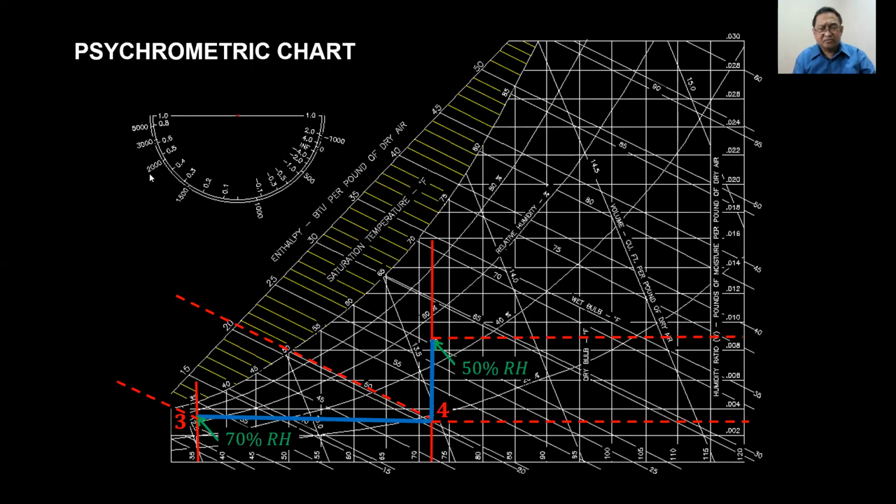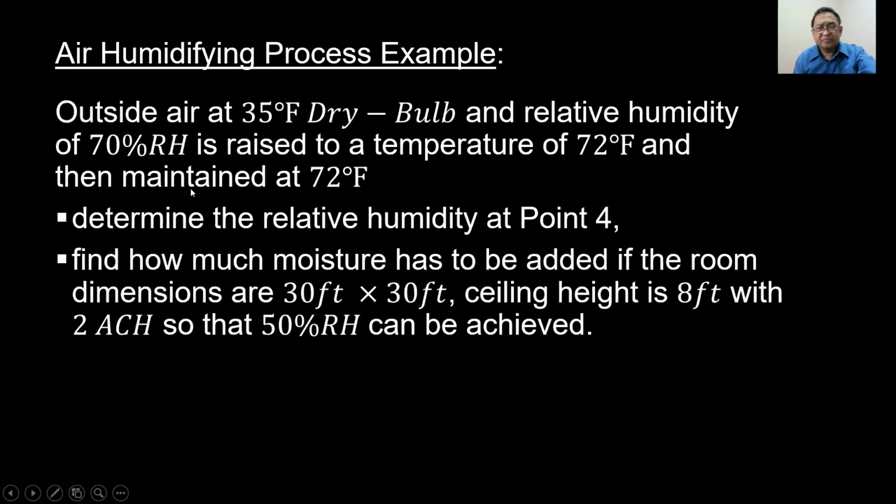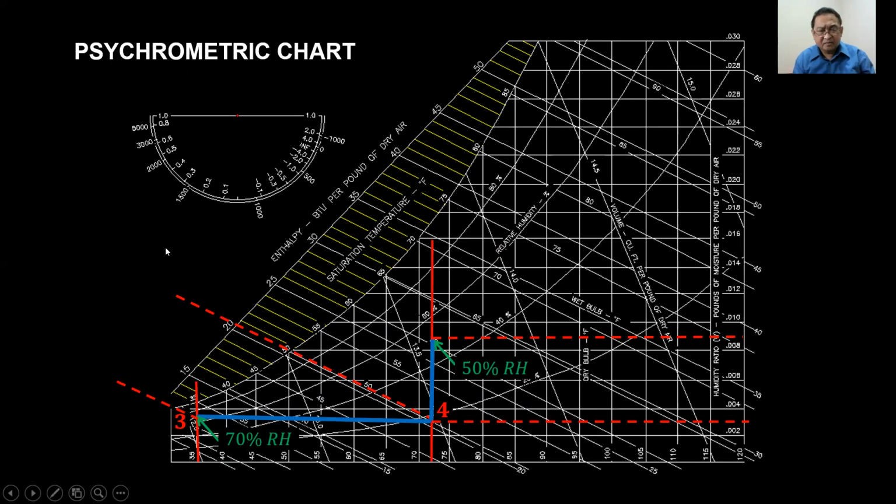So let us go now to the graph. You have 35 Fahrenheit, 70% RH at 0.3 here, and it's being heated up to the temperature of 72 Fahrenheit dry bulb.